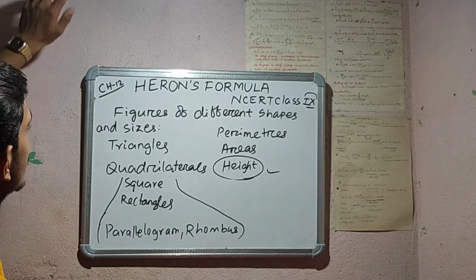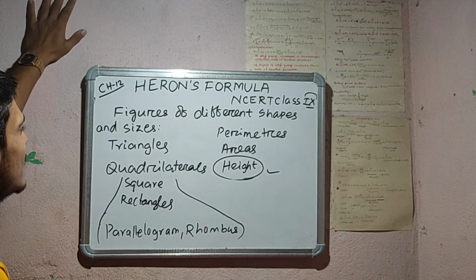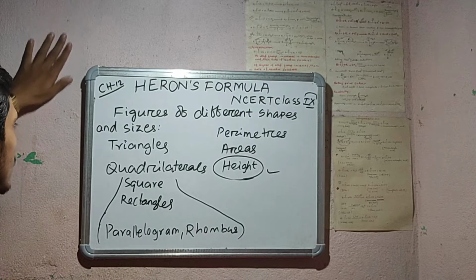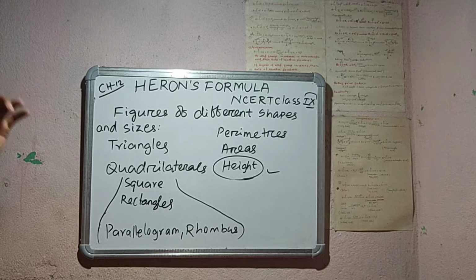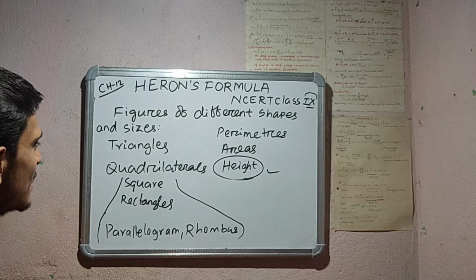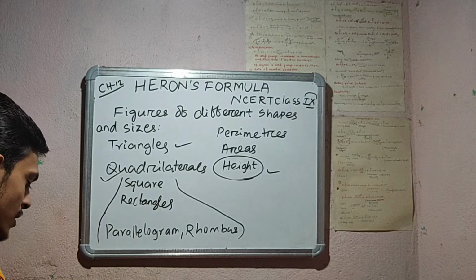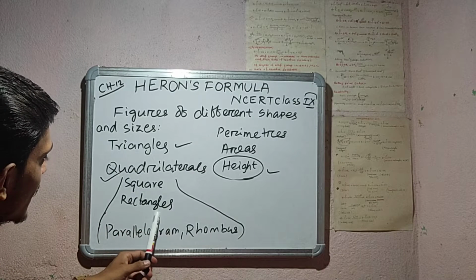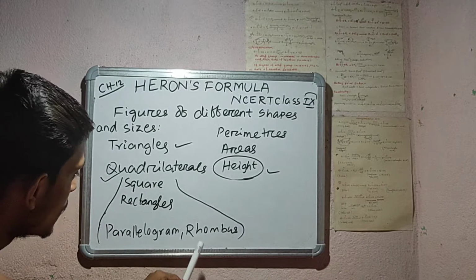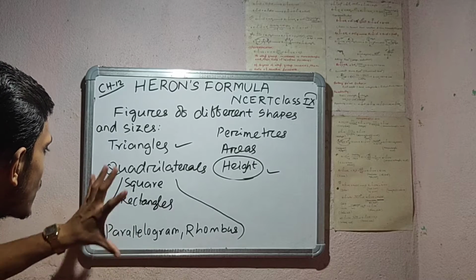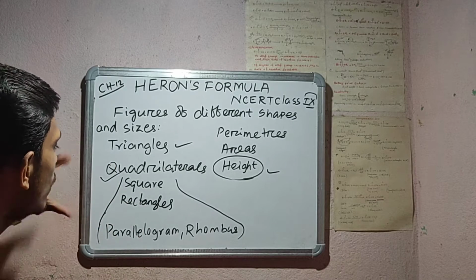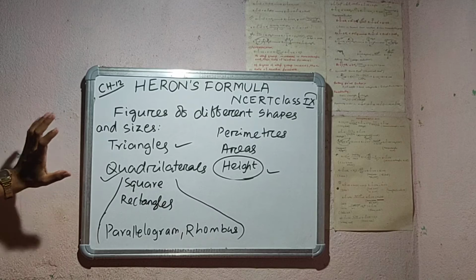In geometry, in your earlier classes, we have already studied different figures of different shapes and sizes, like triangles and quadrilaterals. Under the quadrilaterals, there are square, rectangle, parallelogram, rhombus. Quadrilaterals have 4 sides, triangles have 3 sides.